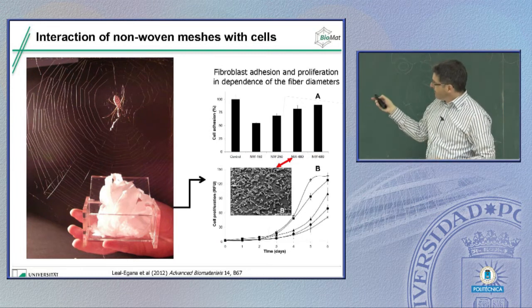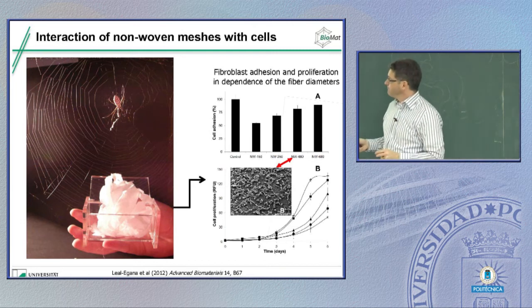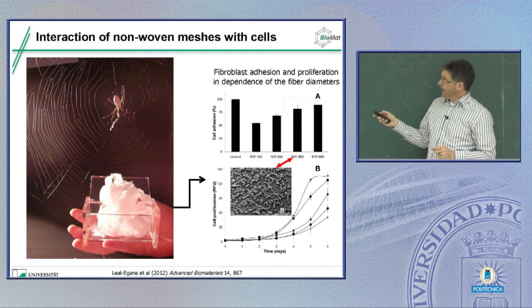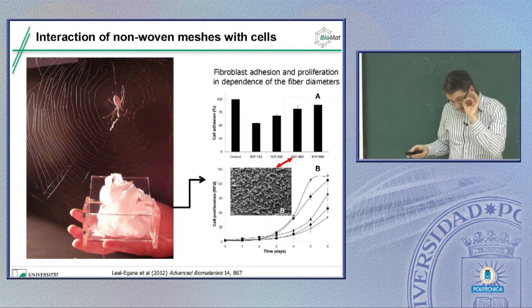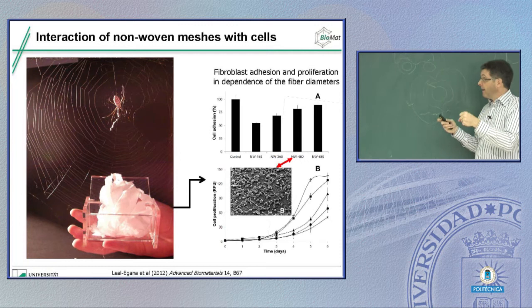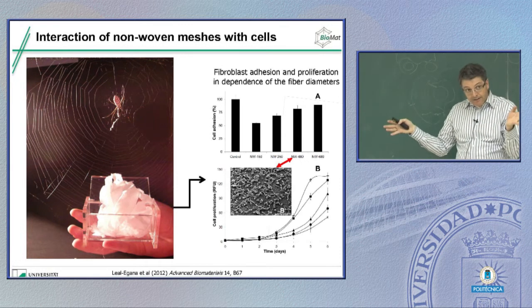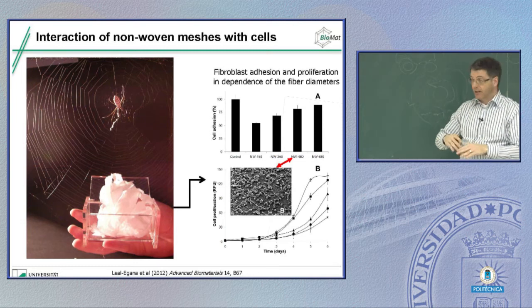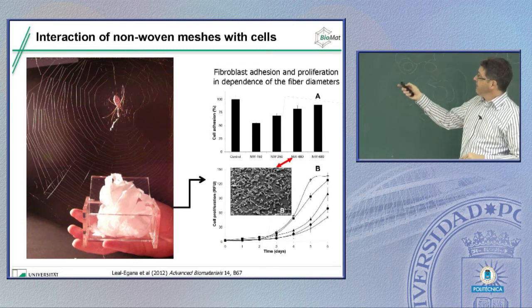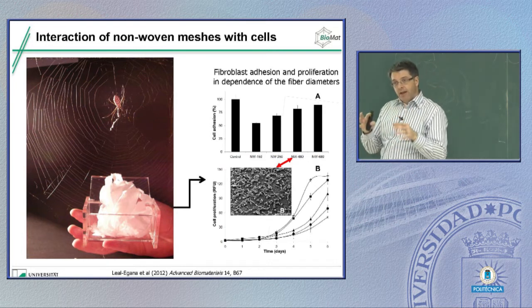But in this case we worked with very large pores, and therefore we were very much convinced that what we see here is strictly dependent on the diameter of the fiber because of this gripping thing. And the same is actually true if the fibers get bigger, then the cells don't like it very much anymore. So we have here between, let's say, 600 and 1,000 nanometers, like the perfect diameters.